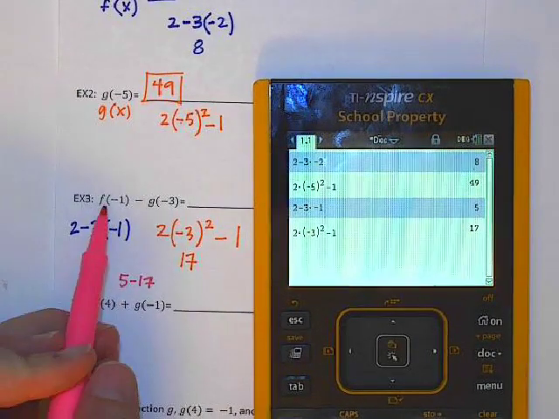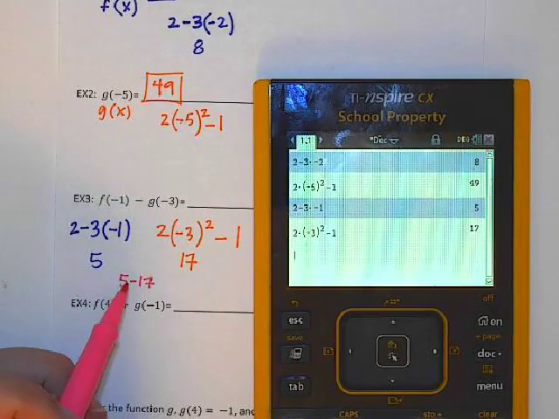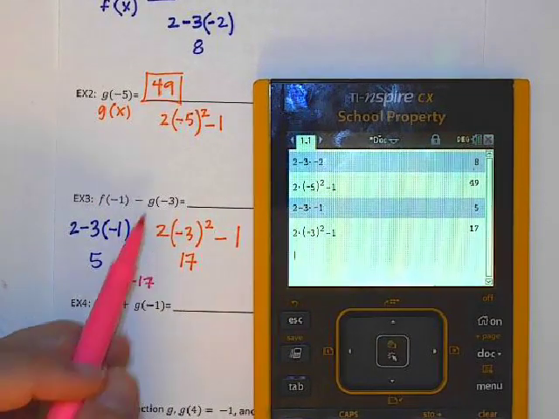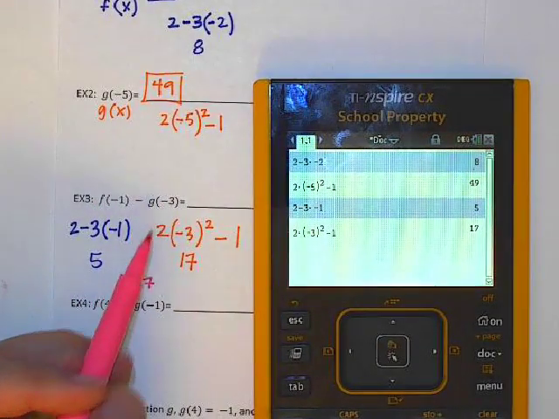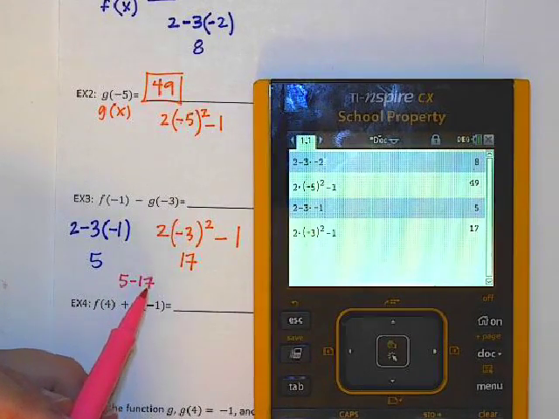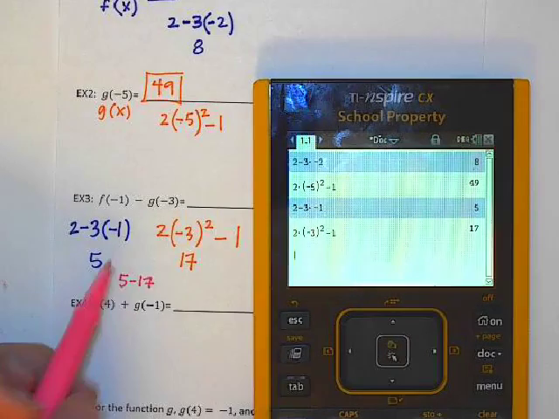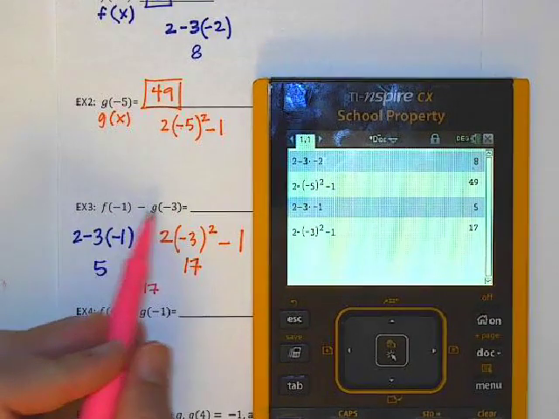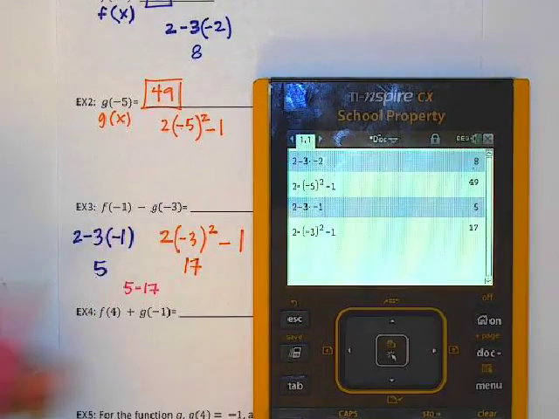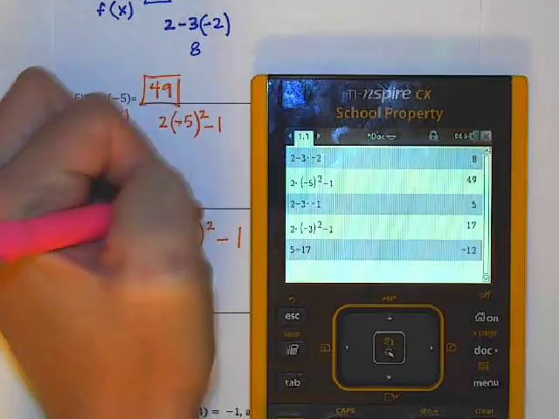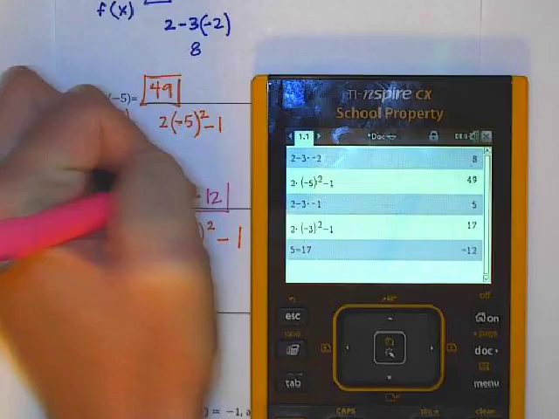Because the f comes first here, I have to write my f answer first. Because g comes second, I have to write my g answer second. If you flip-flop them, you're going to get a different answer. So it's important that you write it in the order that it's written here. F, then G. So 5 minus 17 gives me -12 as my answer.